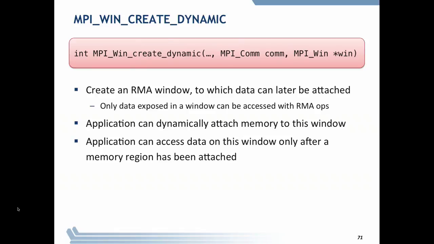And then, as I mentioned, create dynamic is used when, during the course of the execution of the program, I'm going to discover that I have memory that I want to make accessible through this method to other processes. Say, for example, I'm doing an adaptive mesh refinement code, and some process creates a new mesh but wants to make that accessible to the other processes.